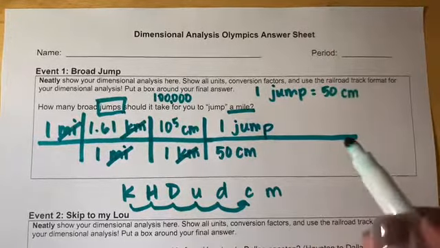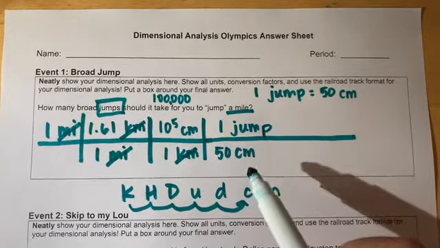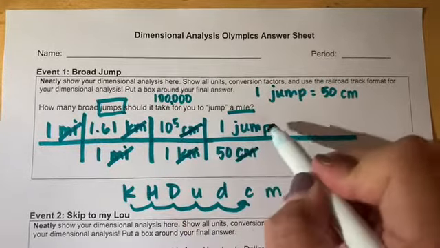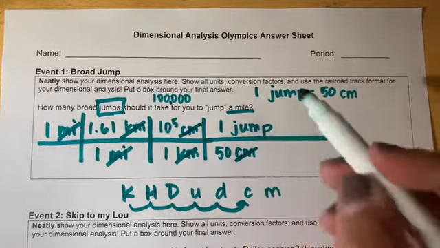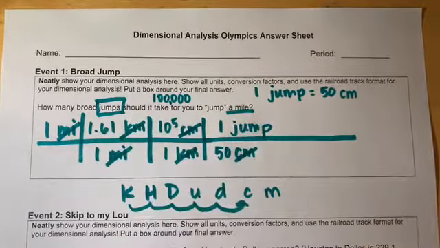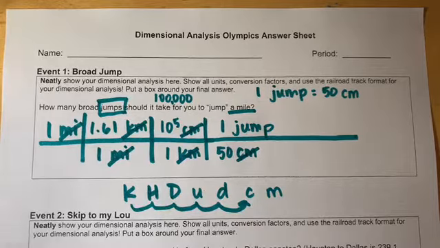Now I can cancel out centimeters and I'm left with jump. Is jump what I'm looking for in my answer? Yes, it is. So now we can go ahead and calculate.